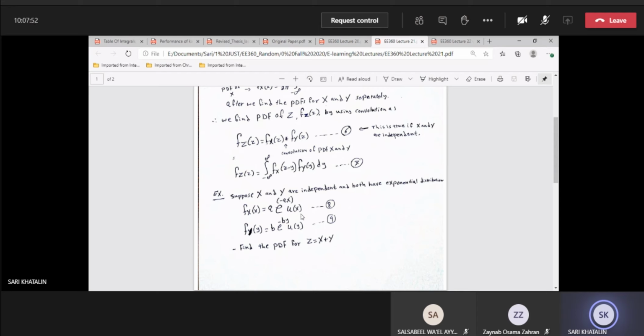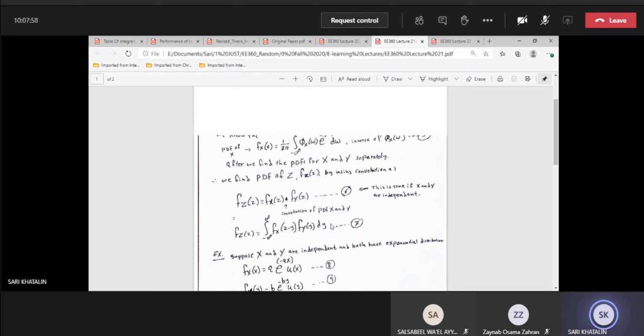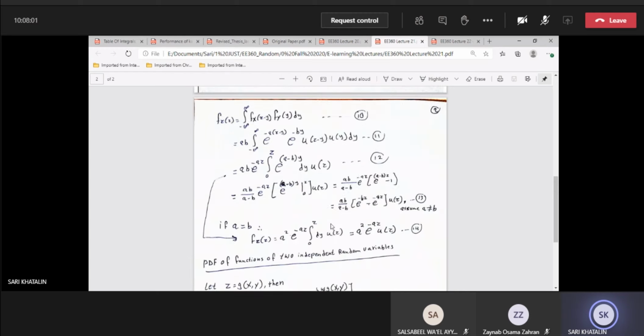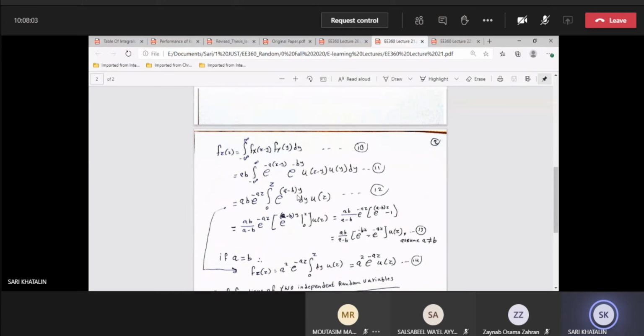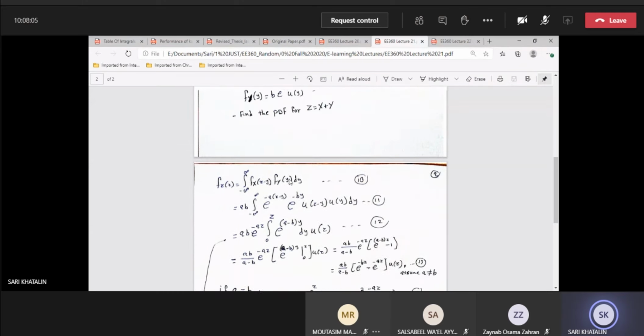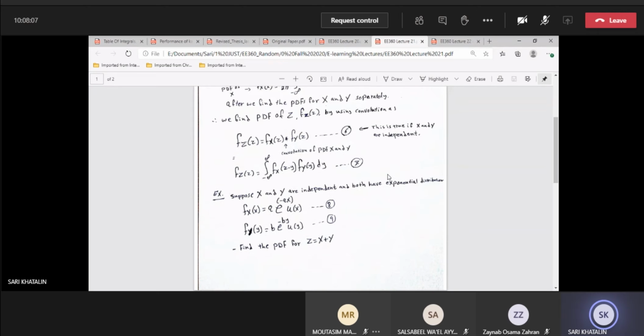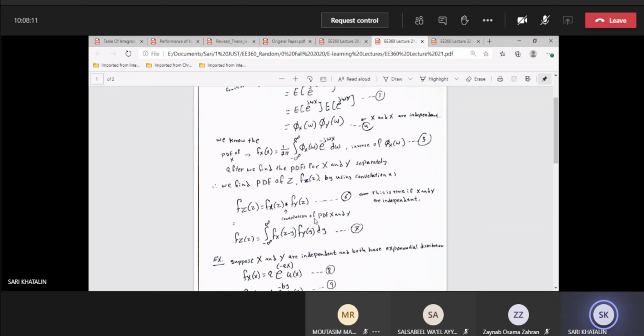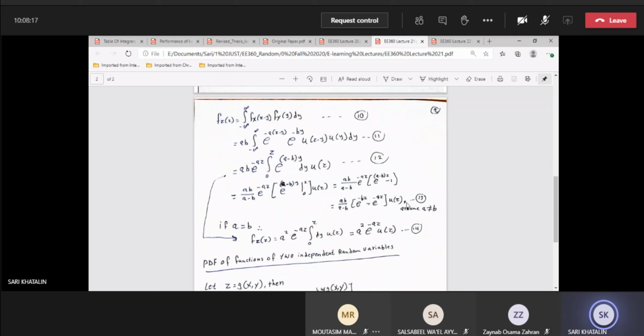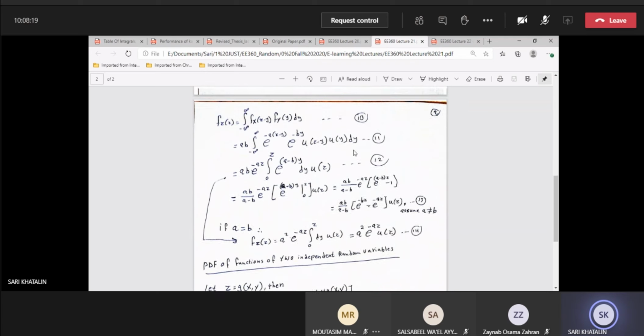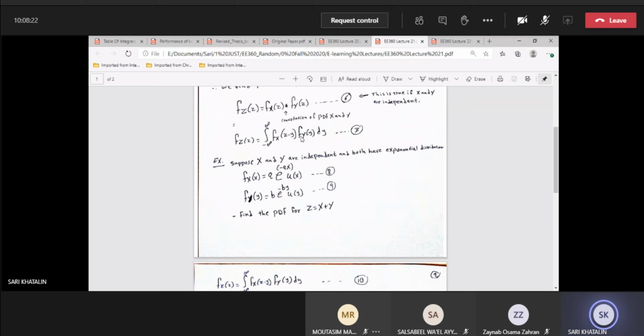Again, like I said, you can find the characteristic function for each one of them and multiply them by each other. But here we want to use the convolution approach, using equation 7.